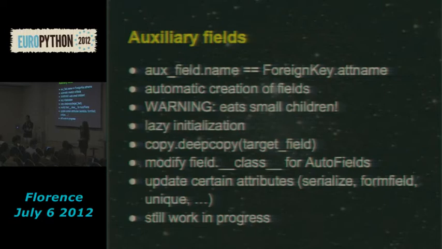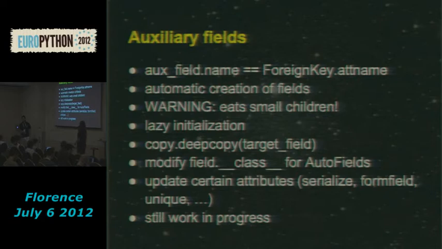You can't afford to add an auto field automatically to the local model, because it might have already been added before. You might have another primary key in your local model. So in this case, I need to modify the auxiliary field's class to an integer field. I really tried to avoid this, but couldn't come up with a better solution.